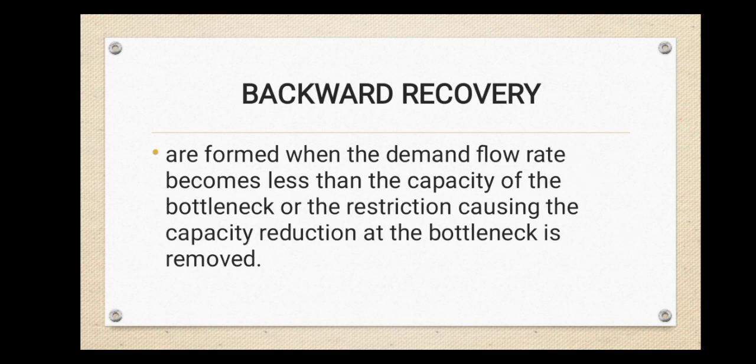Next is the backward recovery, formed when the demand flow rate becomes less than the capacity of the bottleneck, or the restriction causing the capacity reduction at the bottleneck is removed.